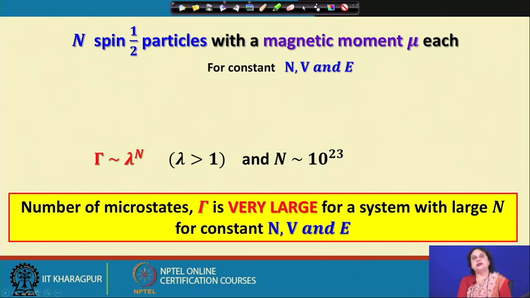Therefore, we would conclude here by saying that we have considered a very simple case where each particle has only two microscopic states. Either it is spin up or it is spin down.